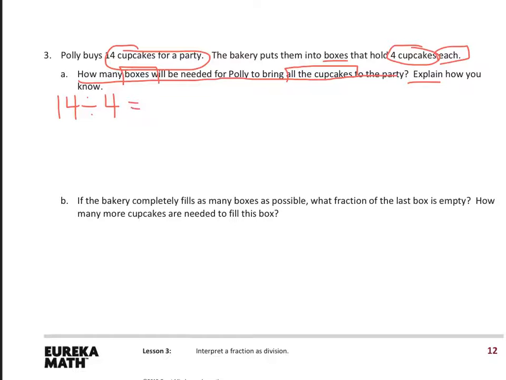So if I follow the pattern from the previous lesson and this one, 14 divided by 4 would give me 14 over 4 or 14/4, which means I can pull out all wholes. I can pull out 3 wholes and I would have 2/4 or 2 out of the 4 left over.